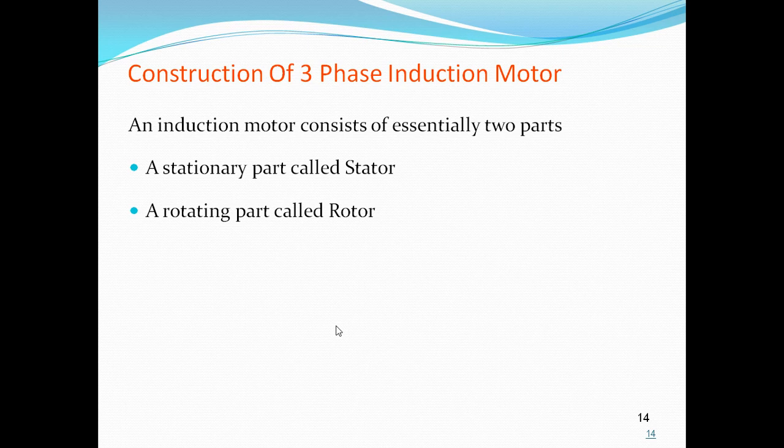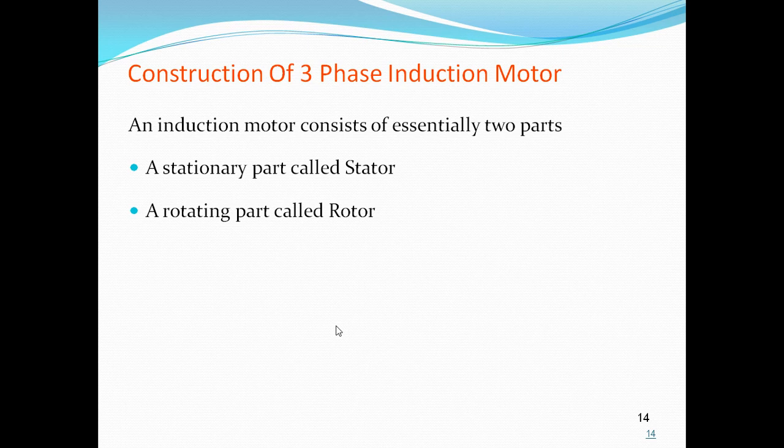Under normal running condition, the slip rings are automatically short circuited by means of a metal collar which is pushed along the shaft and connects all the slip rings together.